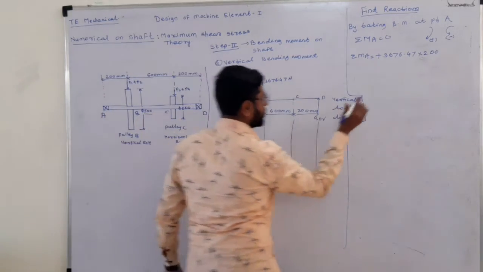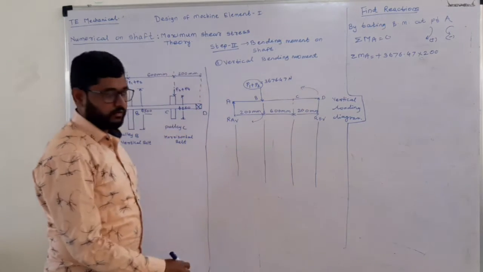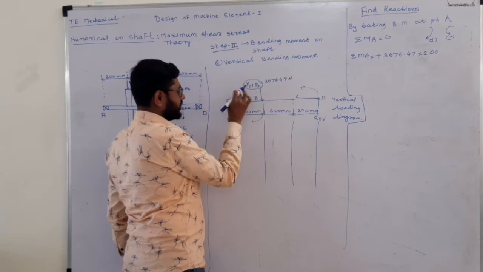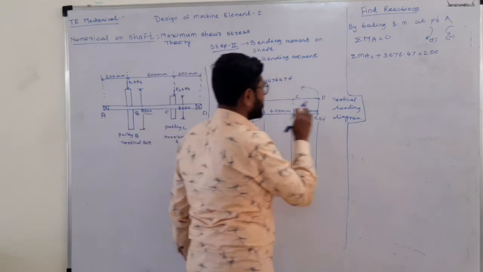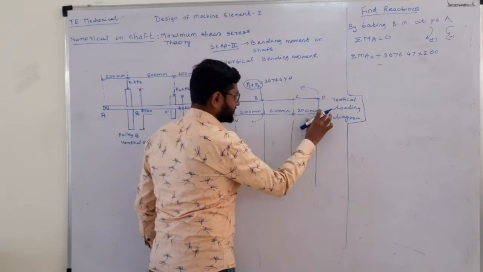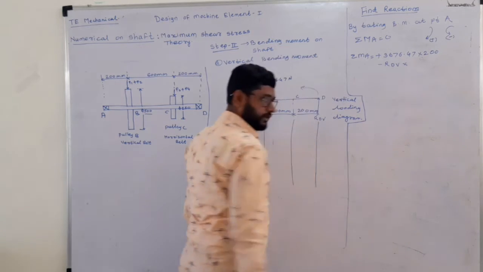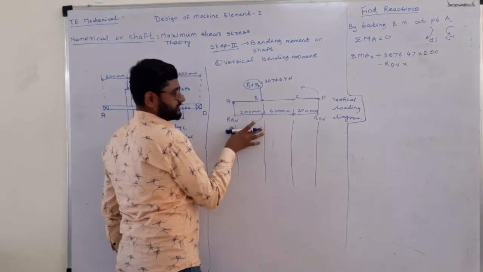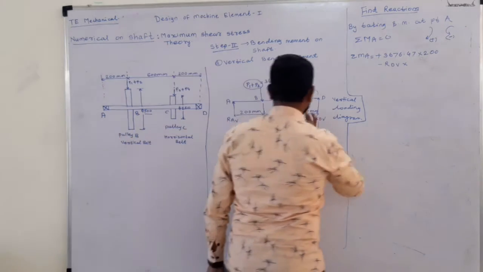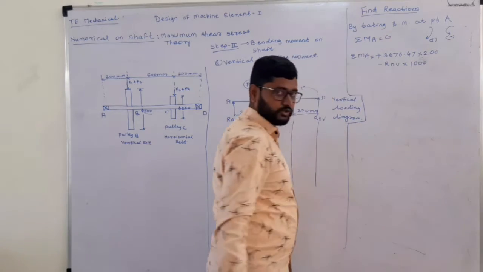This RDB is acting anti-clockwise towards point A. That's why here we have to consider the sign convention as minus, this force RDB into the perpendicular distance between point D and A, which is 1000 mm. That is 1000.